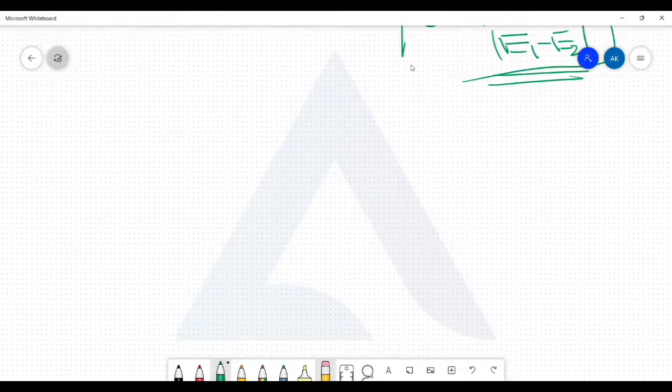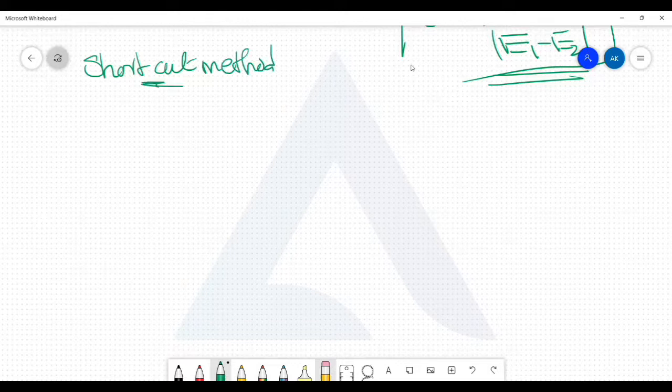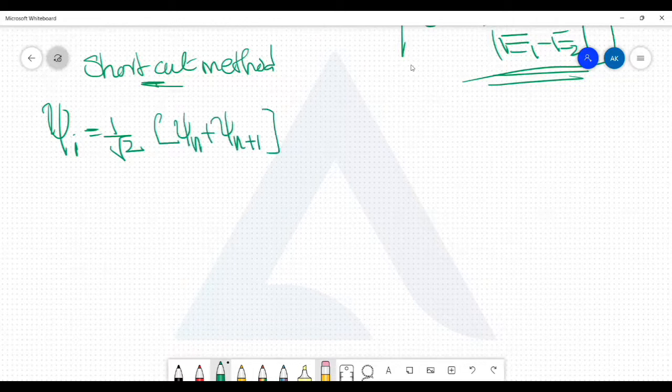Okay. Now let me give a shortcut. Suppose your initial system is 1 by root 2 (psi n plus psi n plus 1). The states are successive, n and n plus 1.